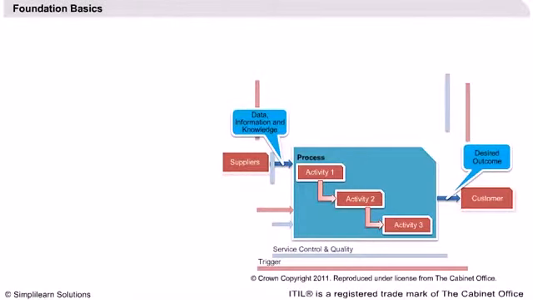As covered in the last slide, we have understood the concept of value through utility and warranty model. Now this slide explains, as a service provider, how to deliver value to customers. The service provider has to execute certain activities in order to deliver the value to customers in the form of service.